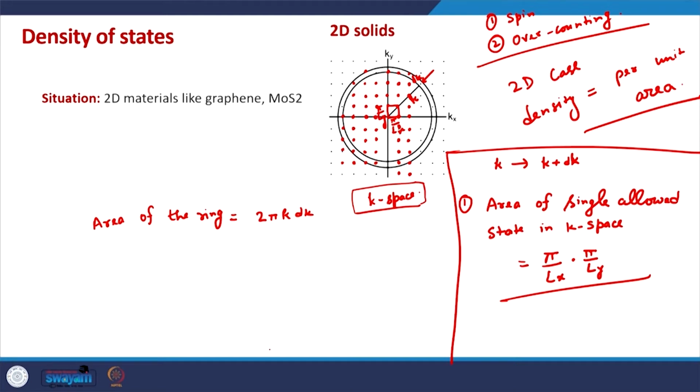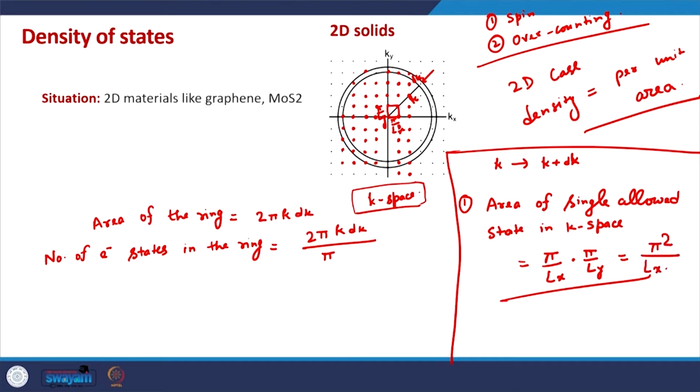So, now the number of electronic states in the ring will be the area of the ring, 2 pi k dk, divided by the area of a single state. The area of a single state would be pi square divided by Lx times Ly, and Lx times Ly is also the area of the entire solid essentially.